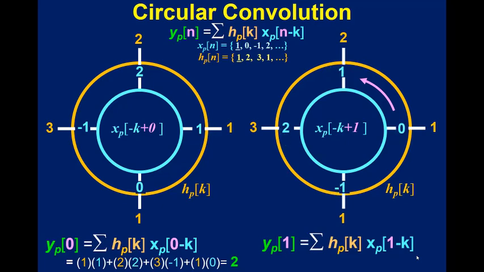So now it starts over here, 1, 2, minus 1, 0. And then the same game, multiply 0 times 1, 1 times 2, 2 times 3, minus 1 times 1, and get 7.